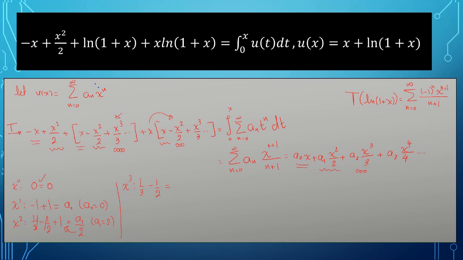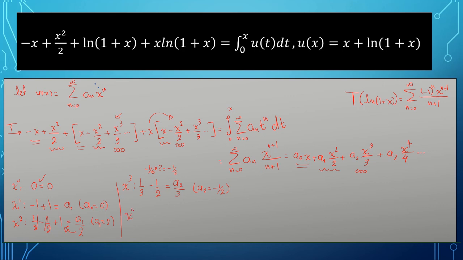So we have what? a_2 over 3. This part is equal to minus 1 over 6. This 3 will go to the other side, so multiply by 3, and this will give us minus 1 over 2. So a_2 is equal to minus half.